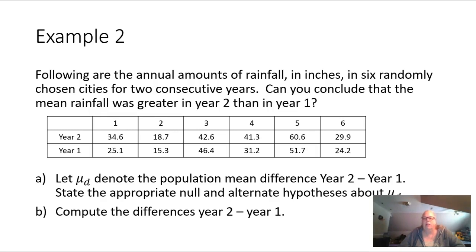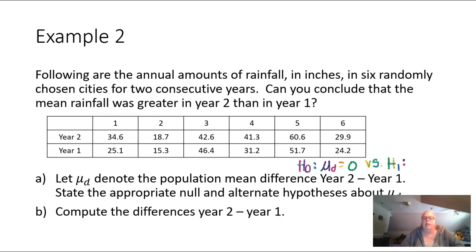Well, again, our null hypothesis is going to be that there was no difference for the year 2 minus year 1 here. So we think that the mean of those differences is 0. There actually is no change between year 2 and year 1. And our alternate hypothesis, we'll get a clue from how to write this based on our problem up here.